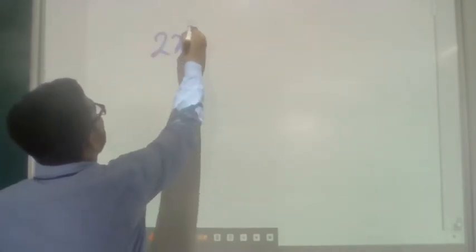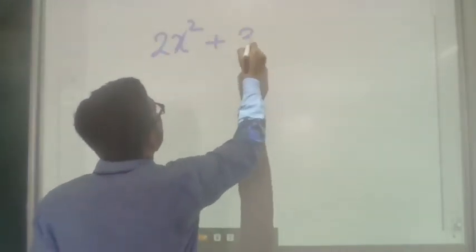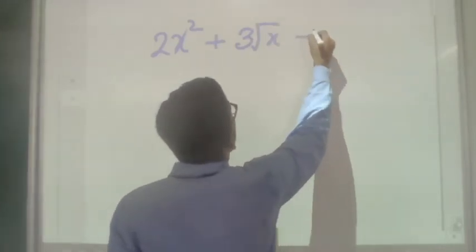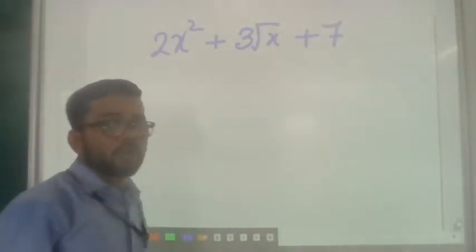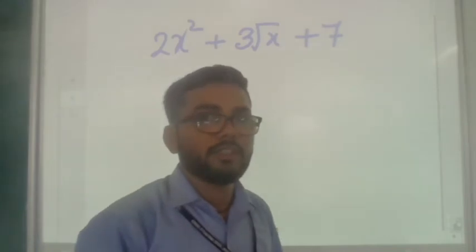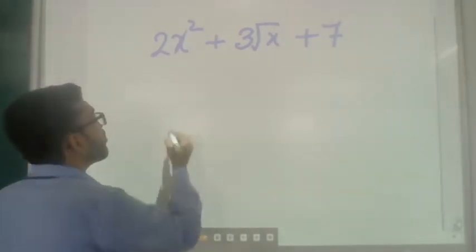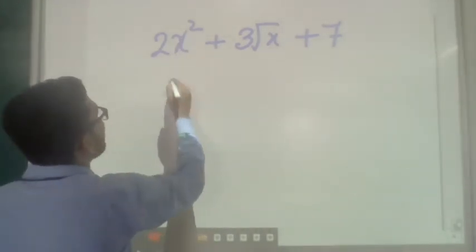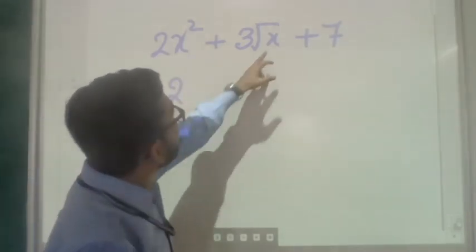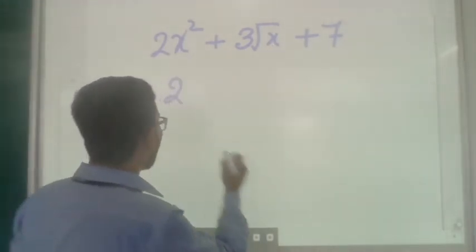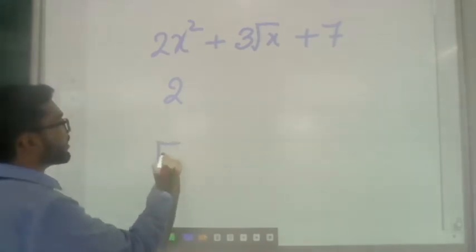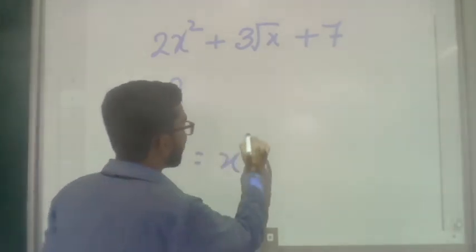Like x square plus 3 root x plus 7. This is also not a polynomial. Why? Here the power of x is 2, but here root x means x to the power 1 by 2.